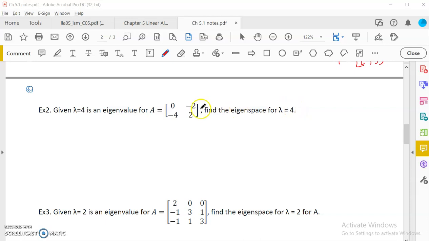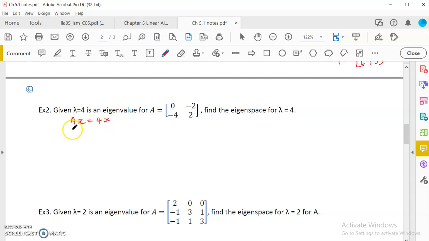We know that it is an eigenvalue. We want to find the eigenvector and actually the eigenspace. So that means what is the basis that can span this eigenspace? Let's do the definition. The definition that lambda equal to 4 is an eigenvalue for A would be Ax equal to 4x, right?